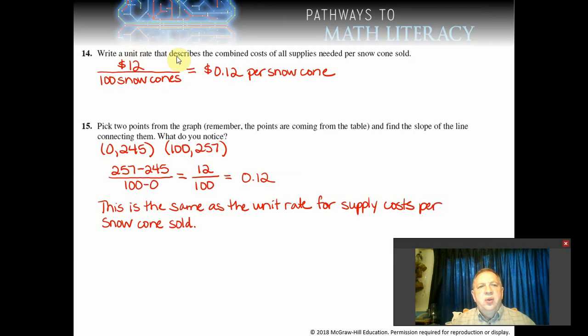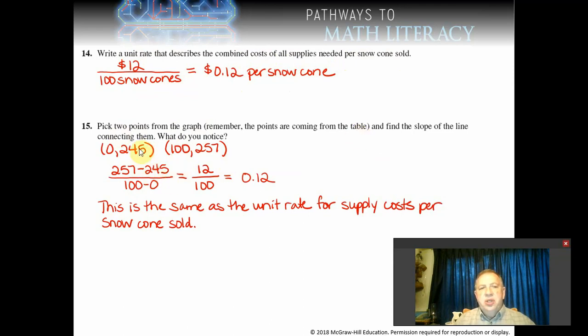Write a unit rate that describes the combined cost of all the supplies needed for snow cones. So here was the $12 per 100 snow cones, which is $0.12 per snow cone. We worked with this concept of a slope earlier.